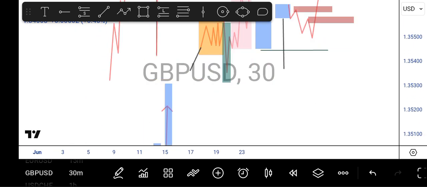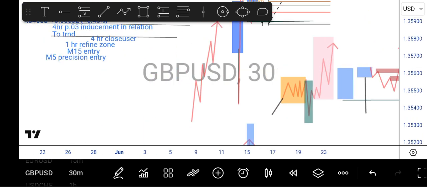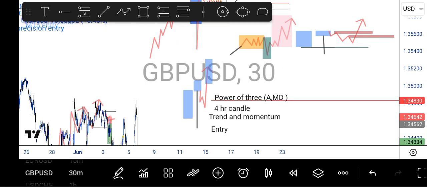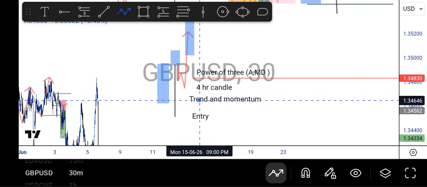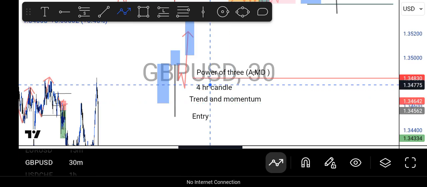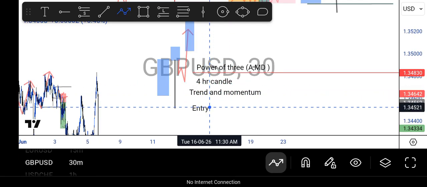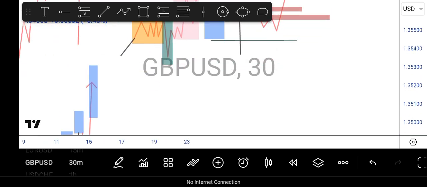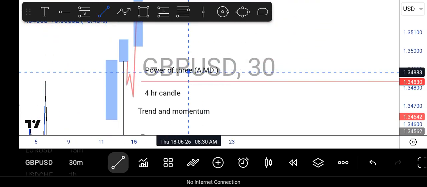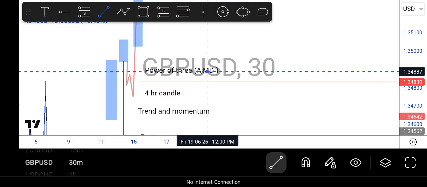Remember what I showed you here, I'm looking at trend and momentum. I'm looking at the 4-hour candle, and I'm looking at where I can enter. So remember, we have three things we are looking at: power of three, accumulation, manipulation, and distribution.